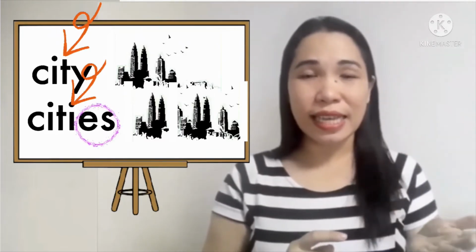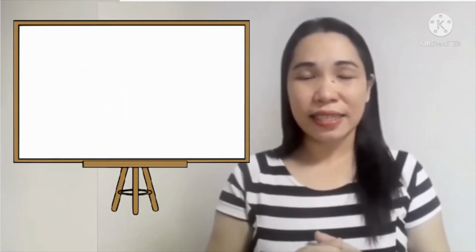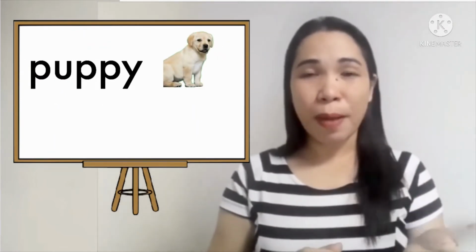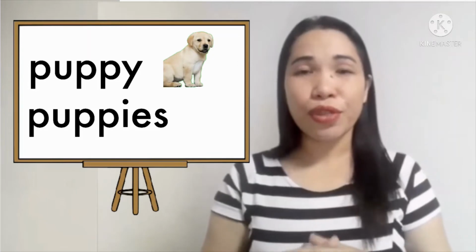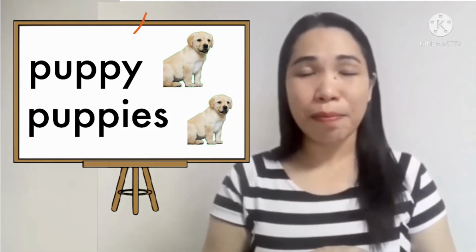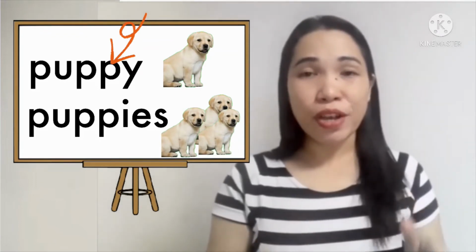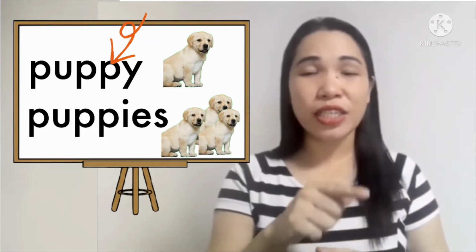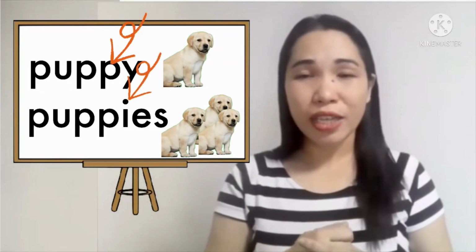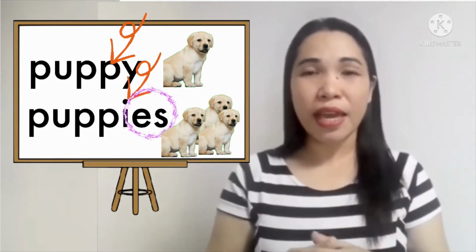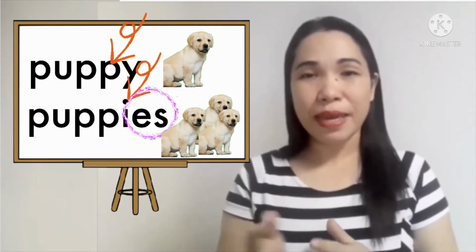So city becomes cities. Another word is puppy. The letter before the Y is P, and of course, P is a consonant. So because it's a consonant, we change the Y into I and then add ES. So puppy becomes puppies.